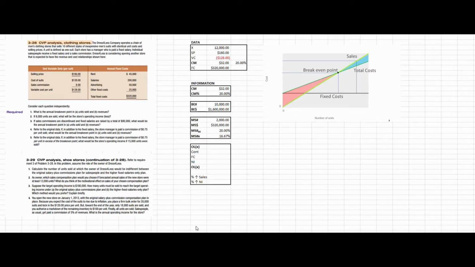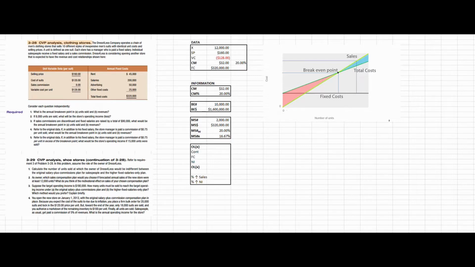So I may want to express my margin of safety relatively as opposed to in an absolute form. So here I can express my margin of safety in units as a percentage of my break-even volume. In other words, my margin of safety in units is 2,000 units. My break-even is 10,000 units. So my margin of safety in units expressed as a percentage of my break-even in units is 20%.